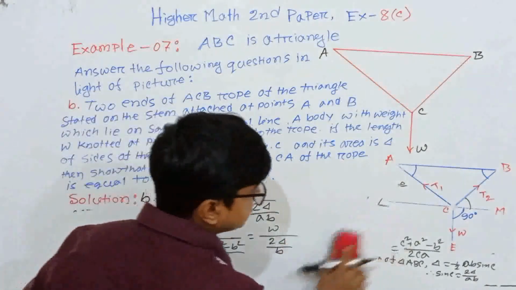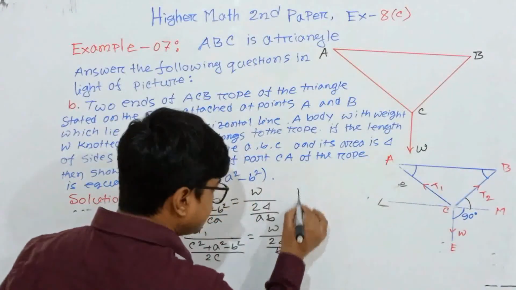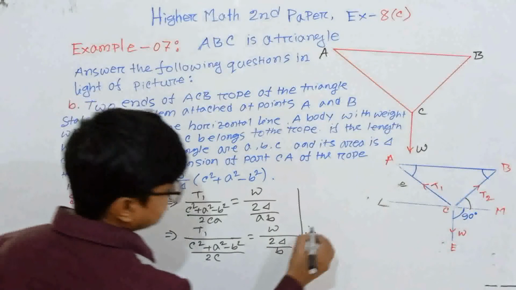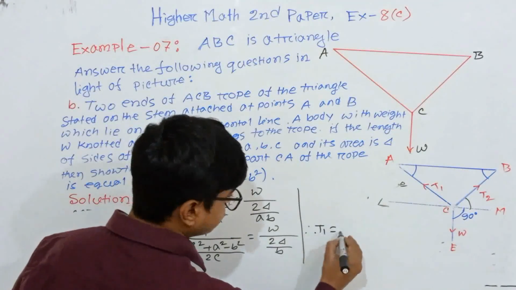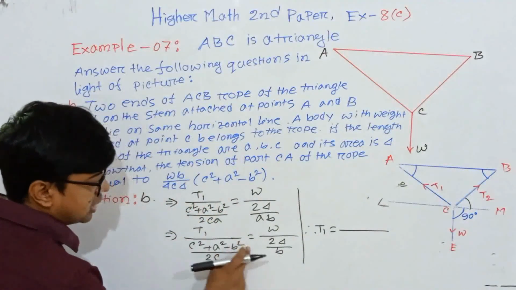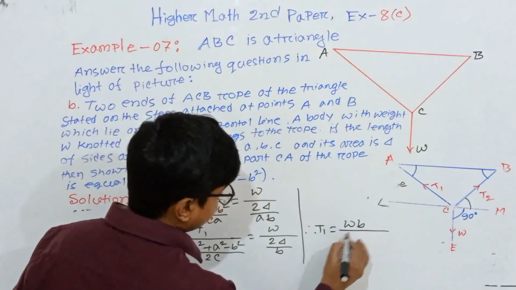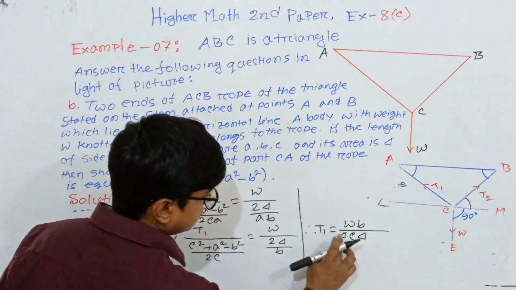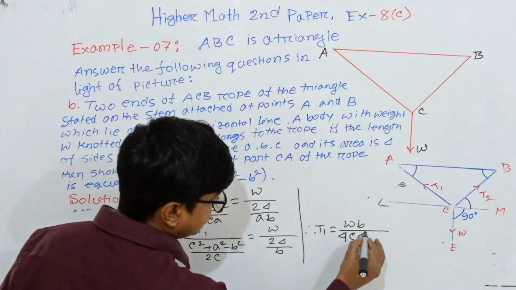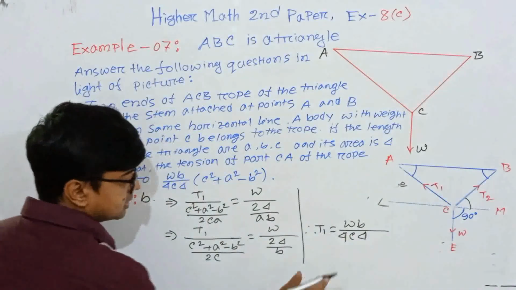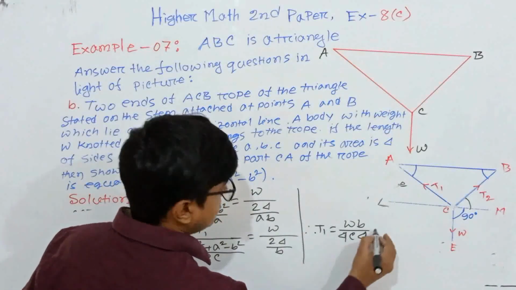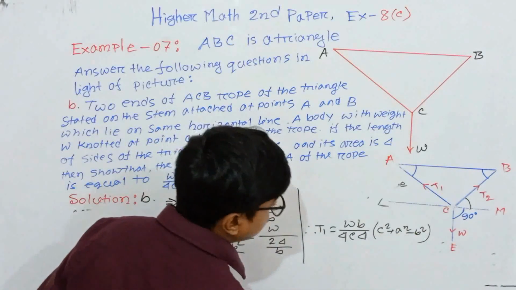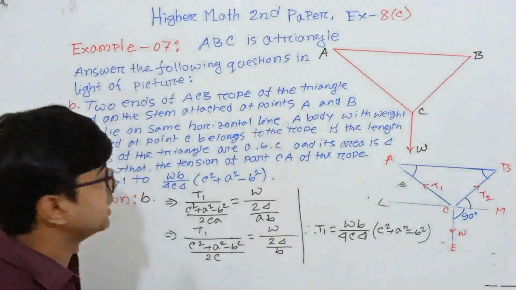Therefore our answer will be T1 equals WB by 4c del, where del means area, into (c square plus a square minus b square), which is the required solution of question number B.